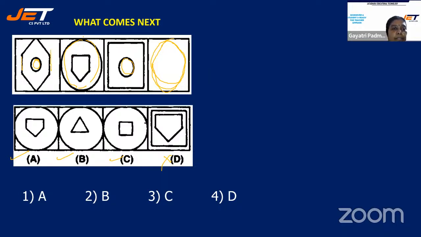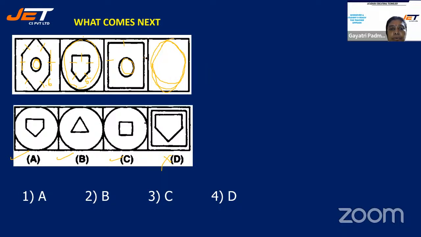The second one is, once again, 1, 2, 3, 4, 5, 6. So the outer one had 6 sides. See the second one, 1, 2, 3, 4, 5. So the second one has 5 sides. Okay. Right. And see the next one, you have a square.